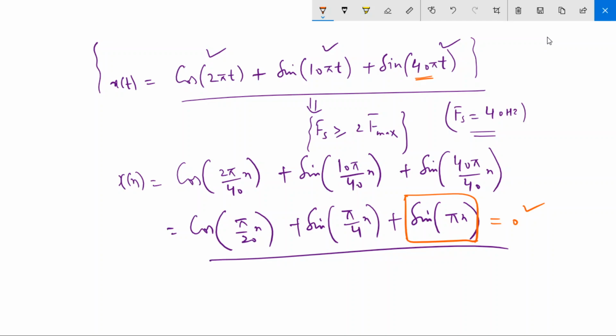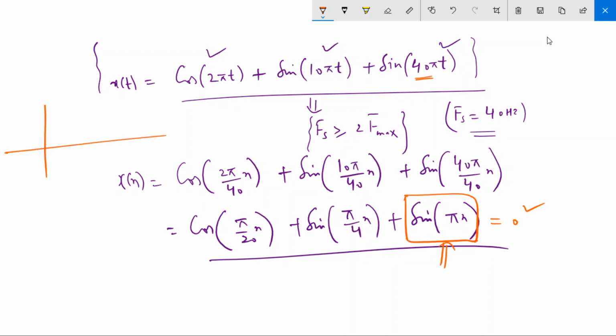What I am actually getting is that the samples you are taking are coming at the zero crossing points. So as a result, you get only zeros as output. This means the information related to this signal is completely lost in the discrete signal. You are just getting zeros.